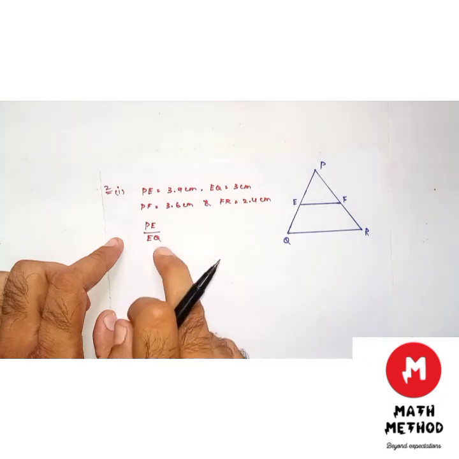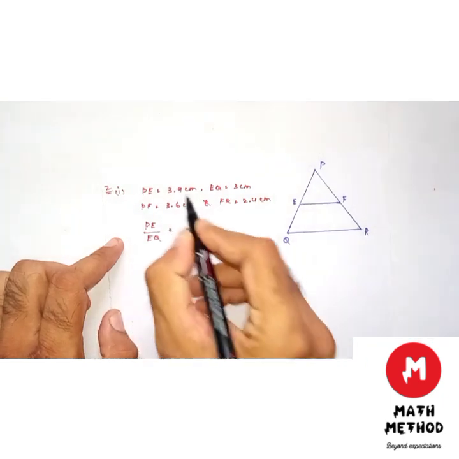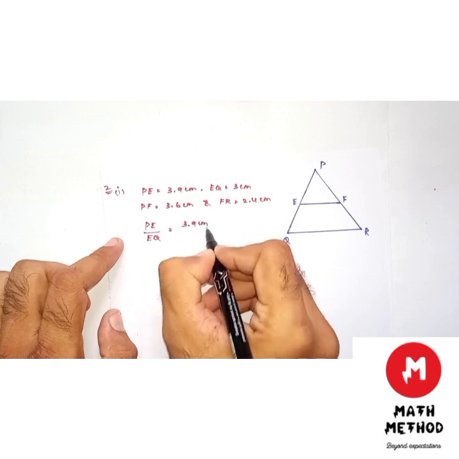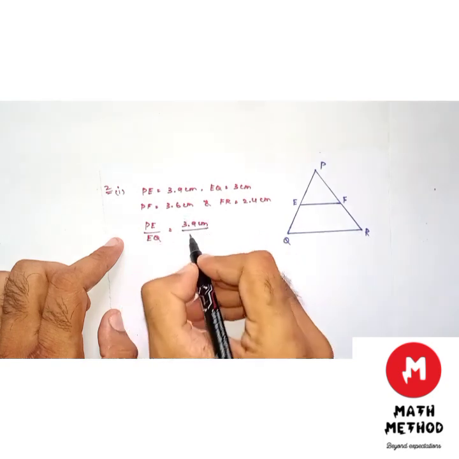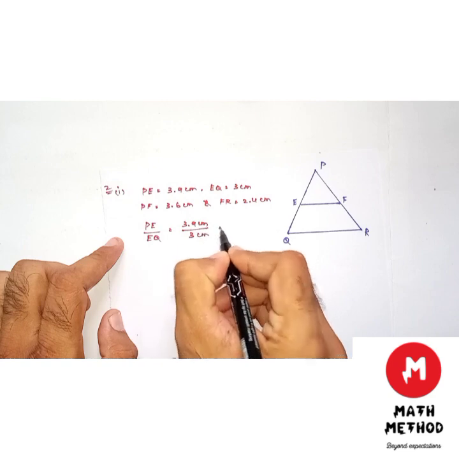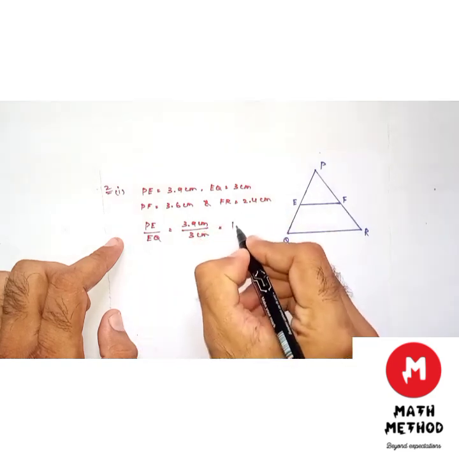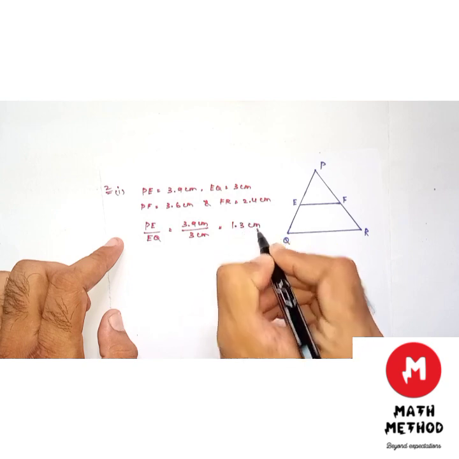Now PE by EQ is equal to 3.9 cm upon EQ, which is 3 cm. By dividing 3.9 by 3, we will get 1.3.